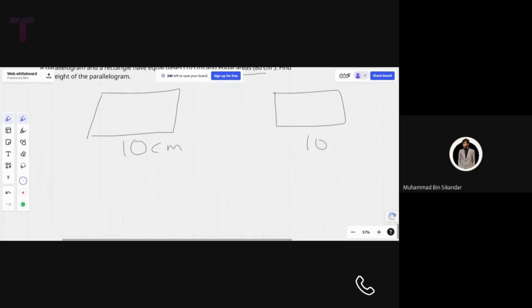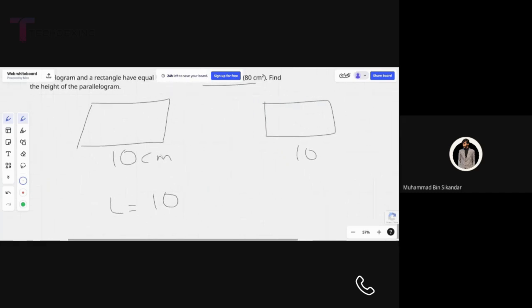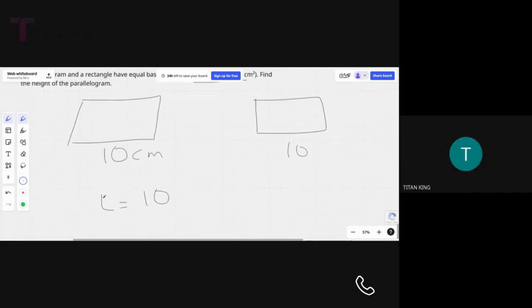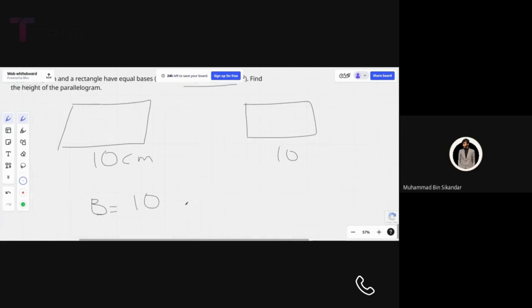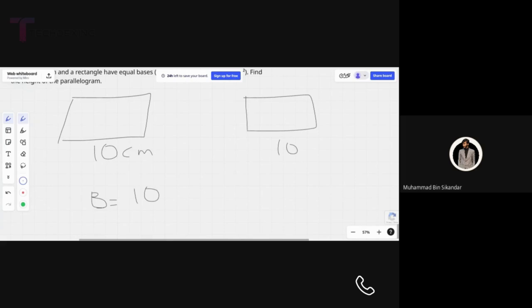I am given two things. The base is given 10, and I need to calculate the height. I am given the area. Area is given 80 centimeter square.